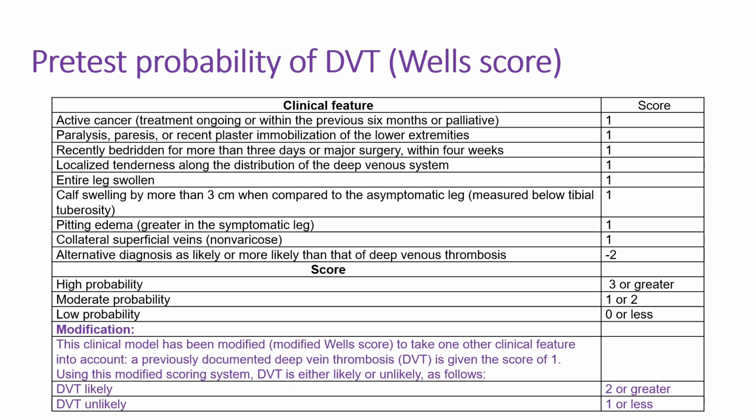One is high probability, 3 or more, moderate probability, 1 to 2, low probability, 0 or less. Modified Wells score is given in the lower part of this same chart. DVT likely, 2 or more scores. DVT unlikely, 1 or less score. So this is the pretest probability score for DVT. This is called the Wells score. The last part is given as the modified Wells score.